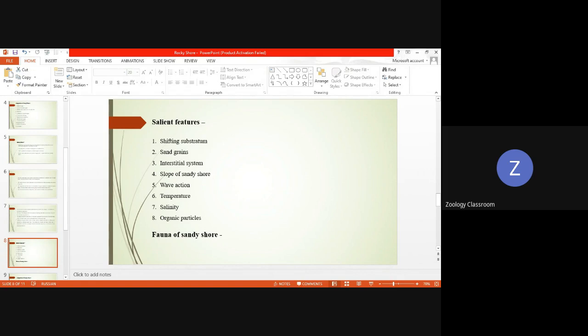The percent of organic carbon of sand governs abundance of burrowing animals in the sand, which feeds on the organic deposit. So, whenever the organic material in the sand is increased, you'll find that sandy shore is rich in the burrowing animals.